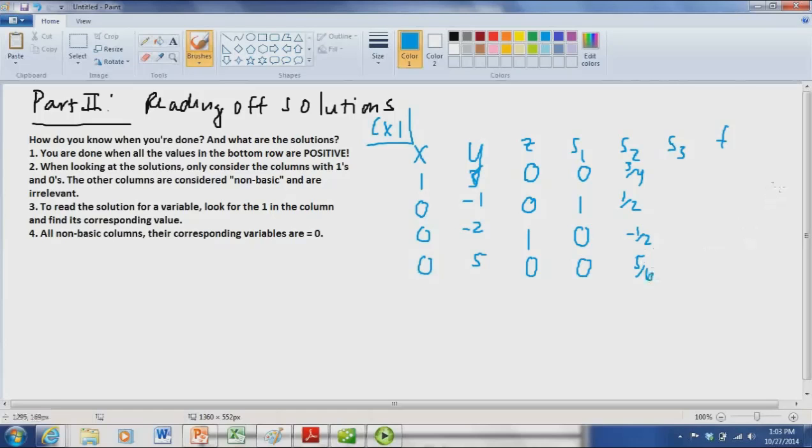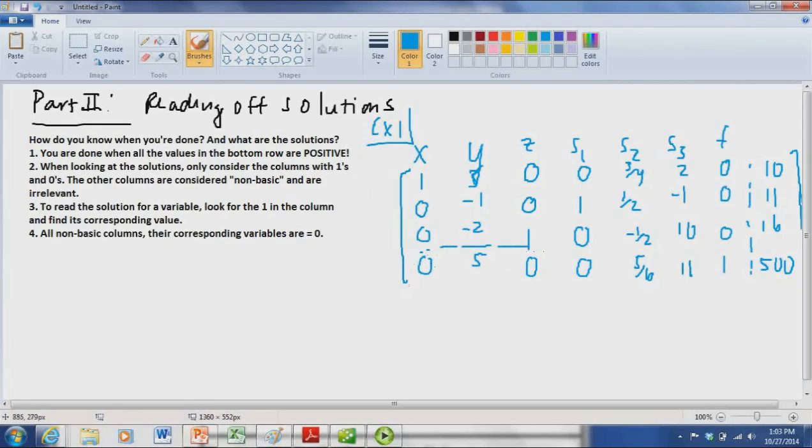In S3, we have 2, a -1, a 10, and an 11. And our function, we have 0, 0, 0, 1. And for our constraints, we have 10, 11, 16, and 500. And let's put our dash lines in. Let's finish this up. Dash line here.